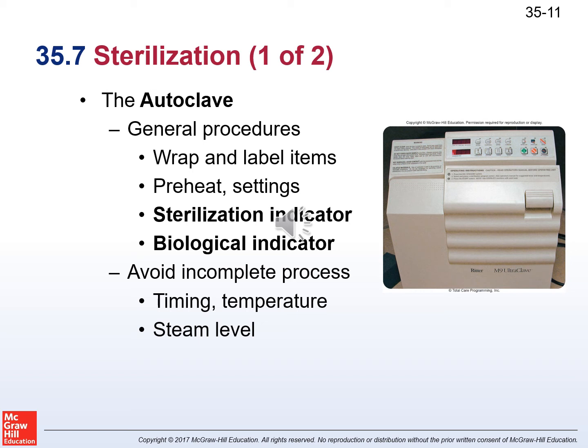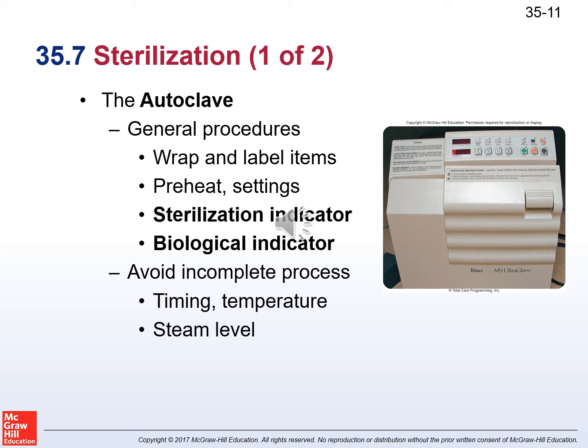Biological indicators, or BIs, are the most accepted means of monitoring the sterilization process because they directly determine whether the most resistant microorganisms, for example, Geobacillus or Bacillus species, are present rather than merely determine whether the physical and chemical conditions necessary for sterilization are met.